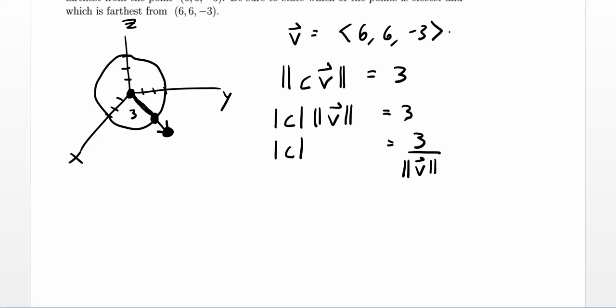So let's find the magnitude of the vector. The magnitude of v is equal to the square root of the components squared, so 6 squared plus 6 squared plus negative 3 squared.